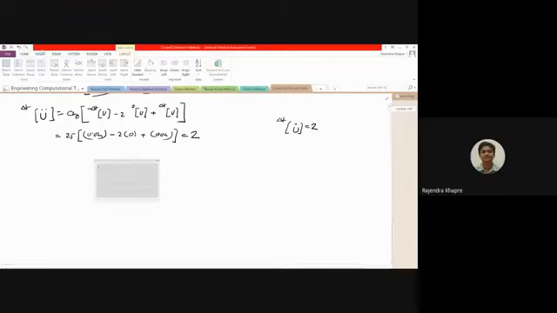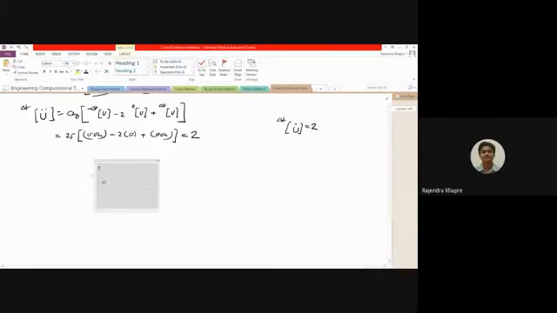Let me increase the font so that it will be visible to you. So we have time, and let us say this is u, this is u dot, and u double dot. Put a dot sign over here.